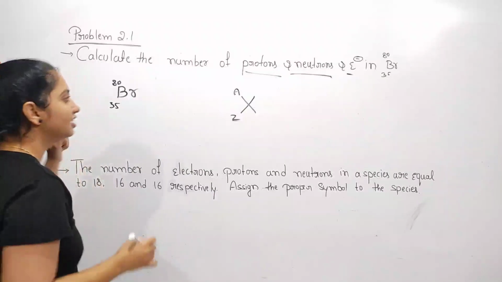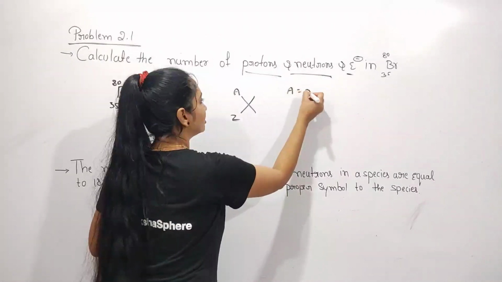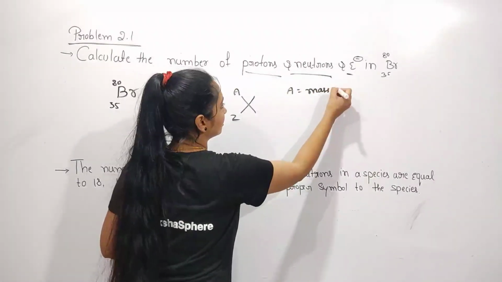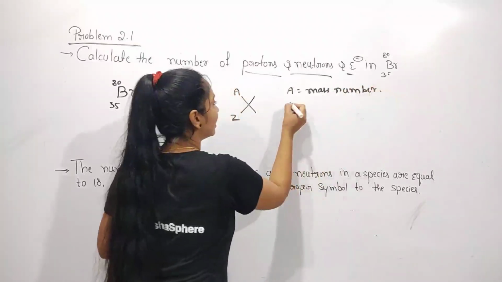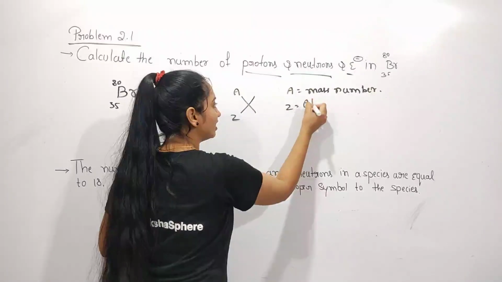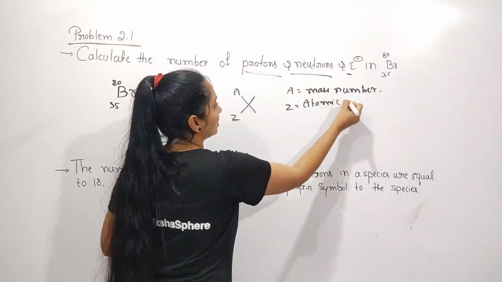So A is the mass number or atomic mass. Next, Z is the atomic number.